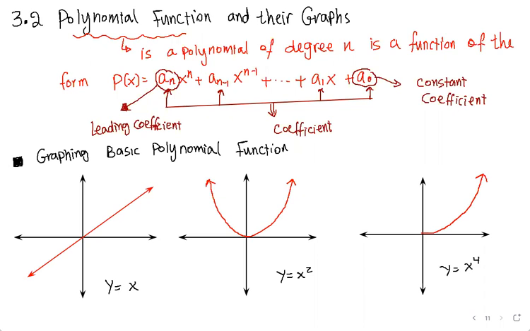But around the 0, it will be more open. Y equal x squared, x to the 4, x to the 6, 8, 10, all of them have the same shape.